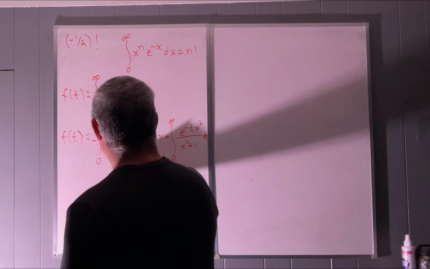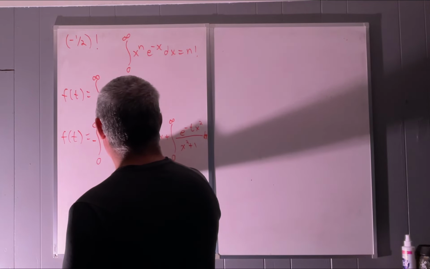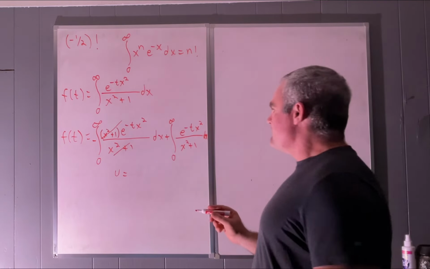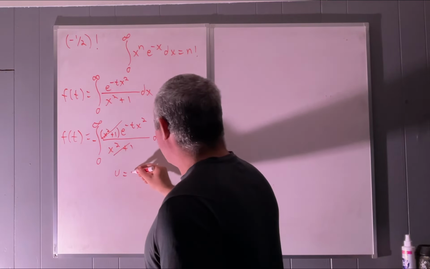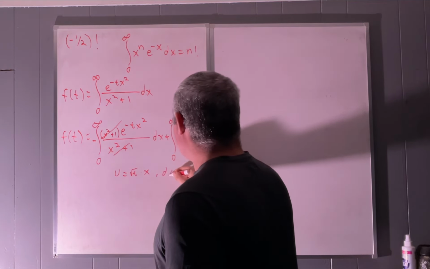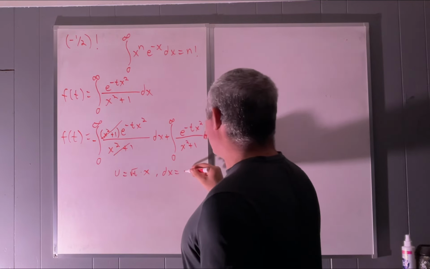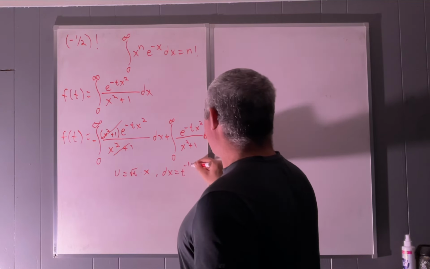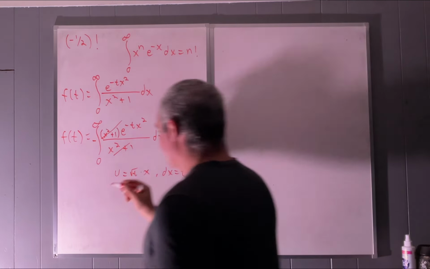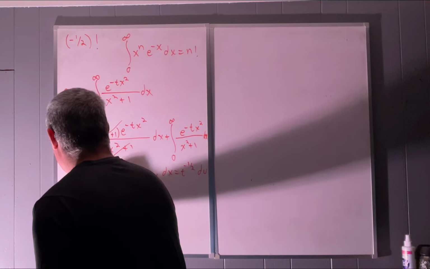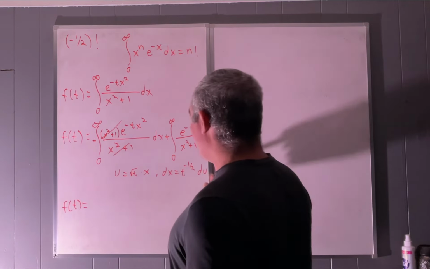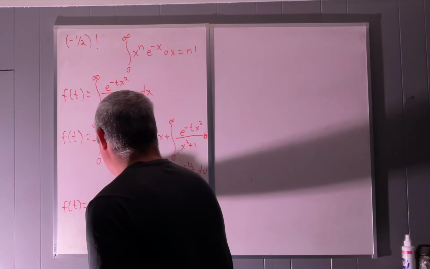Let's say u is equal to square root of t times x. That'll give us dx is equal to t to the negative 1/2 du. All right, let's rewrite this. So we have our f of t is equal to negative the integral.